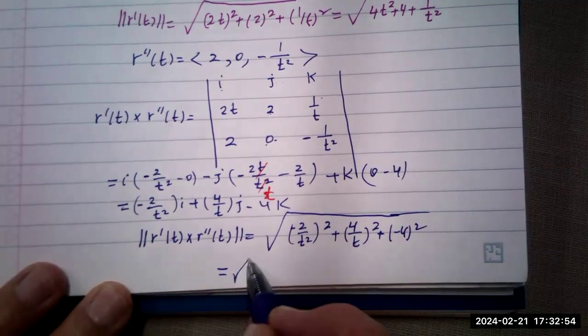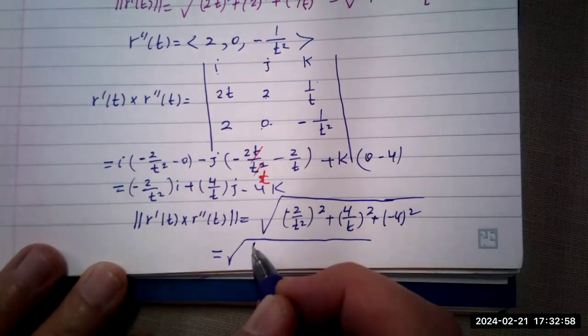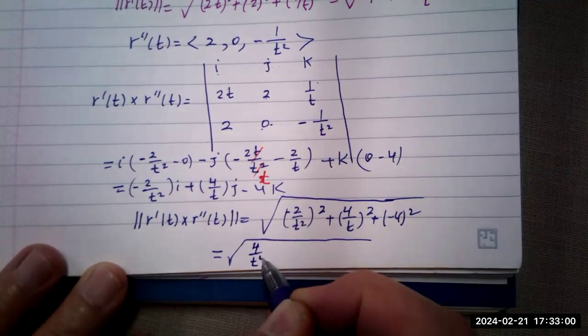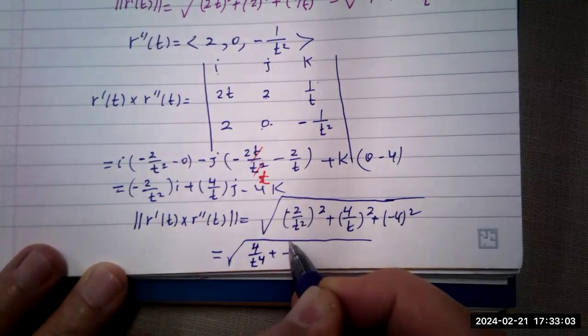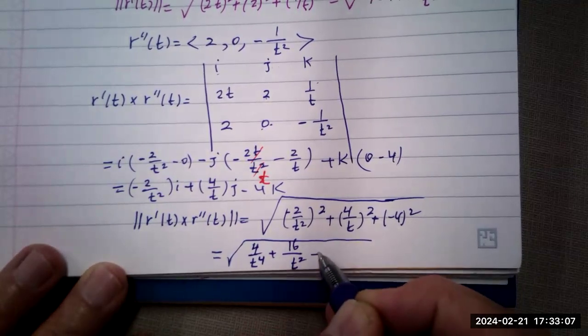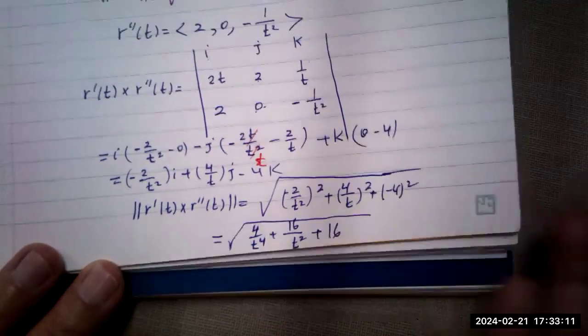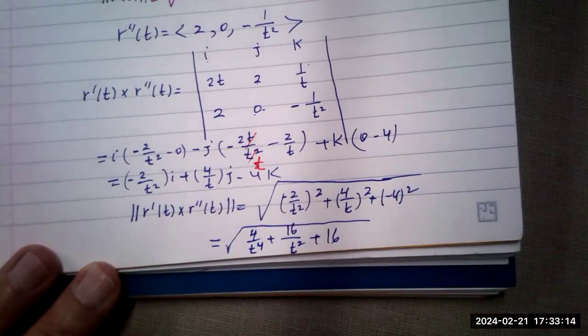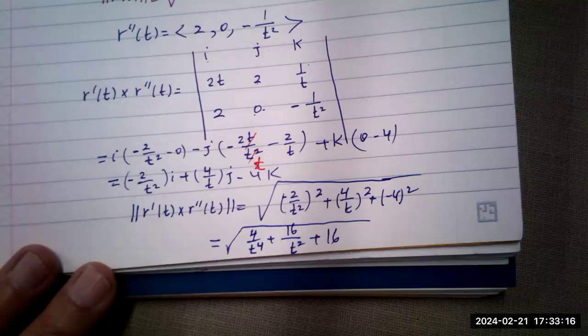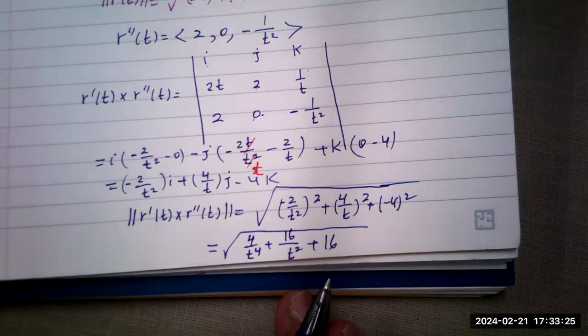Okay, so this is going to be the case. So this is 4 over t to the 4th, and that's going to be 16 over t squared, and the last one is going to be 16. Okay, this is the norm. Just rewrite it. You can't do much about it. You can get the denominator simplified a little bit, and you have another t coming from the other side.